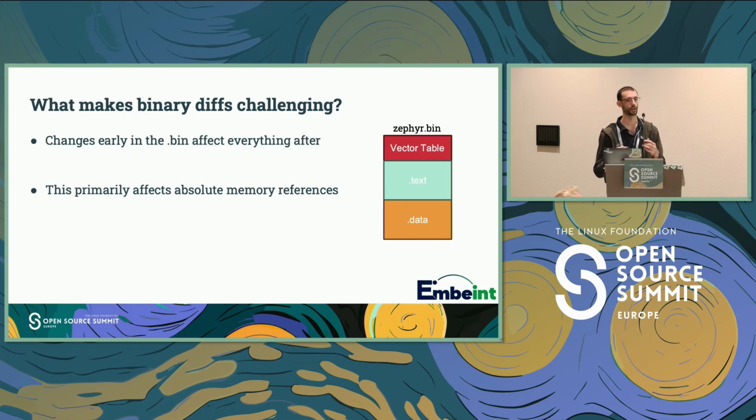So changes aren't necessarily self-contained to where the change applied. It ripples through the file. And this primarily affects absolute memory references. If you're just referencing with respect to the current program counter, nothing really changes. If you're trying to reference from early in the text to somewhere in the .data, that's going to change.